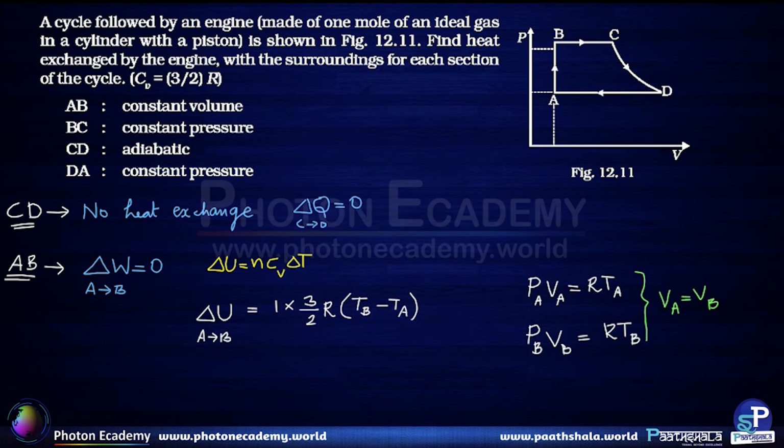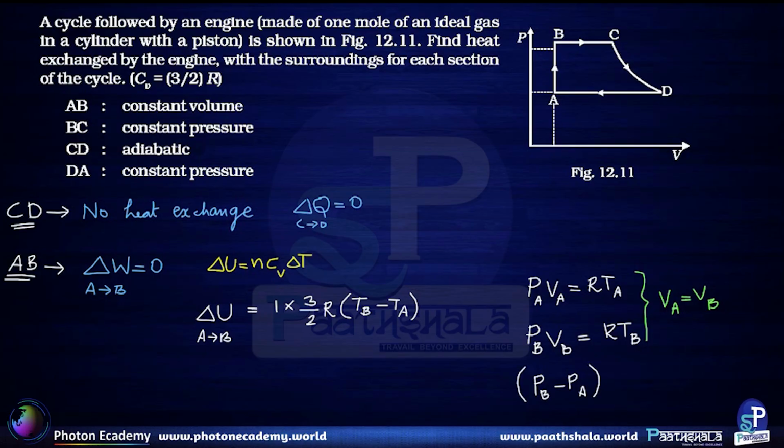Let's subtract these two equations and find the value of R times TB minus TA. So this is going to become PB minus PA into VA.